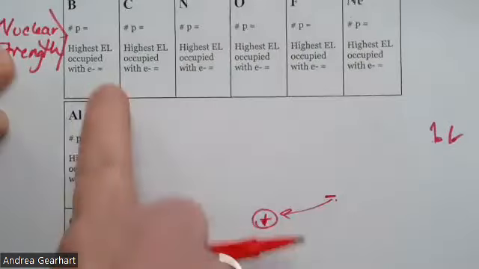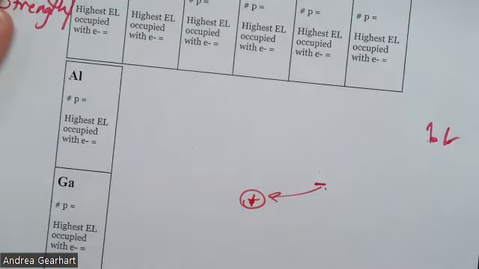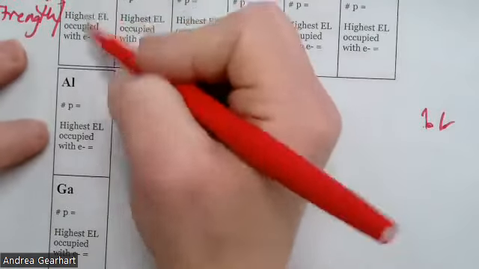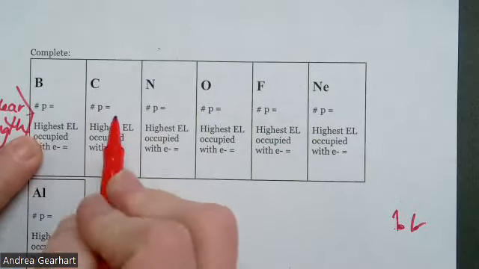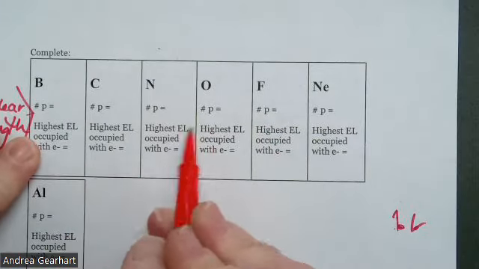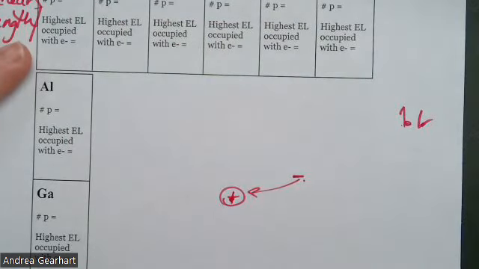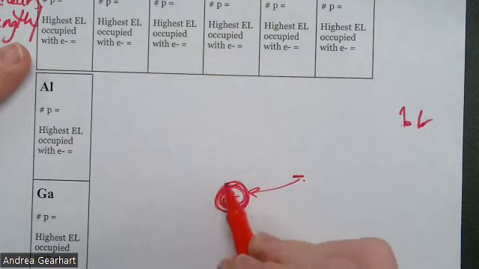But what about, Ryan, as we proceed down a group? What happens with nuclear strength? Yeah. In fact, here we're just adding one proton, one proton, one proton. Here, 8 more, and so on and so on. But it's not just how positive is the nucleus.